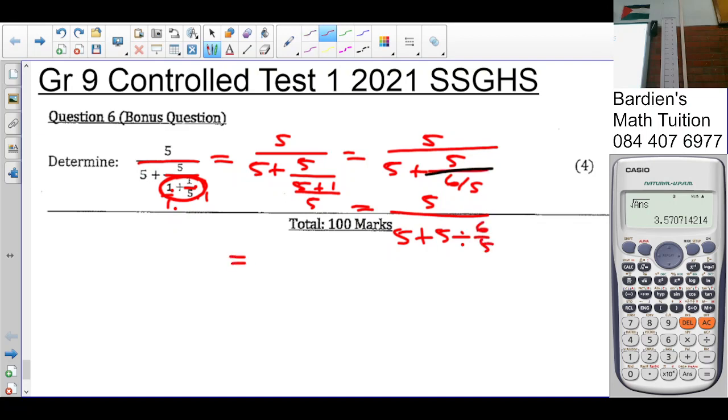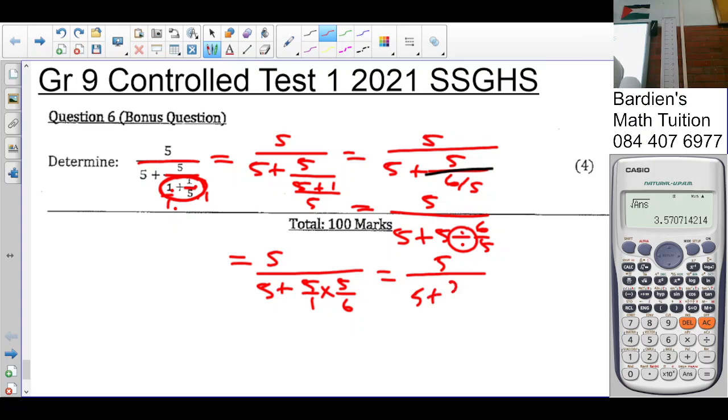Which now gives us 5 over 5 plus, we change that to multiplication, so it's 5 over 1 times 5 over 6. Which now gives us 5 over 5 plus 25 over 6. Now you see that that became one term.